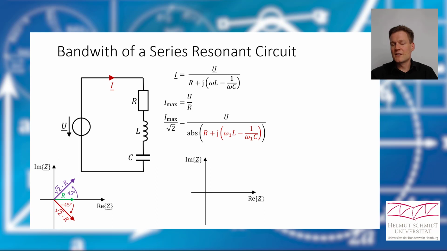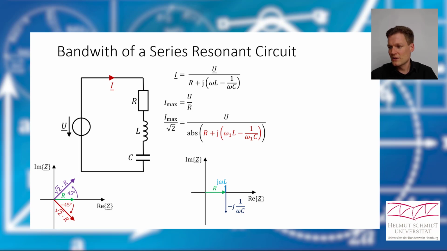Let's start with a phasor diagram and we draw the impedance. We start with R. And then we have, connected in series, the inductance there, and it has j omega L. And if we have low frequencies, then the part of the capacitor will be bigger, because there the angular frequency is in the denominator.